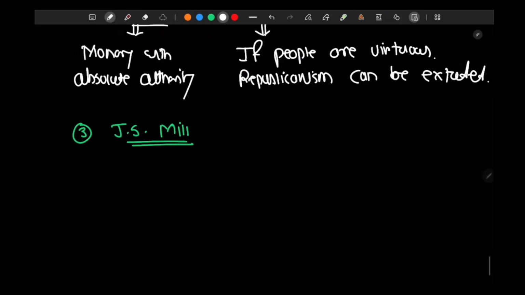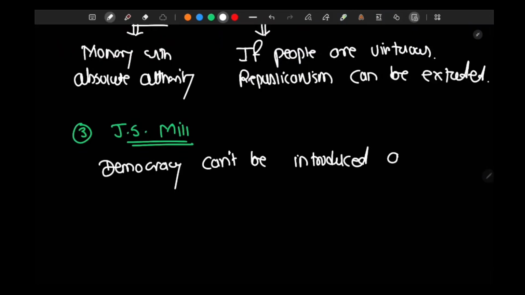J.S. Mill says that democracy cannot be introduced anywhere. It should be introduced when people are virtuous, reasonable, and rational.